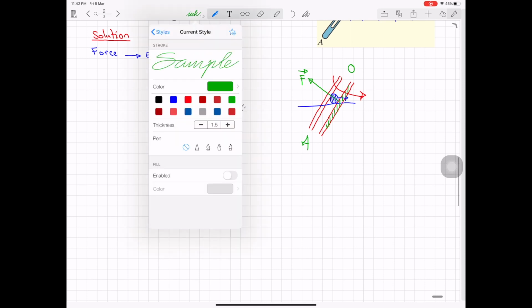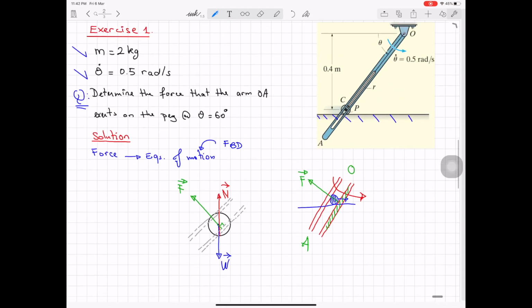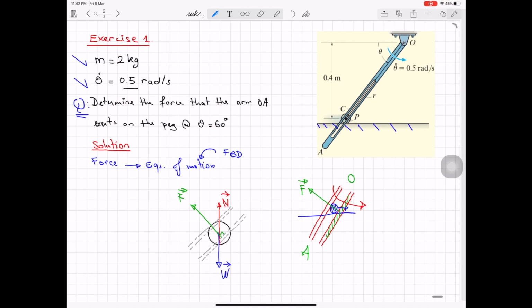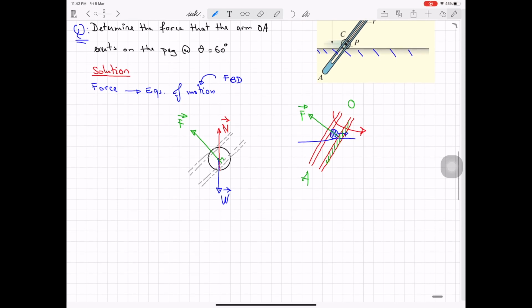Good. Now that I have the free body diagram, it is time to choose the best coordinate system. Here it's a very simple exercise. Since you are given the angular speed, you will have to use the cylindrical coordinate system.